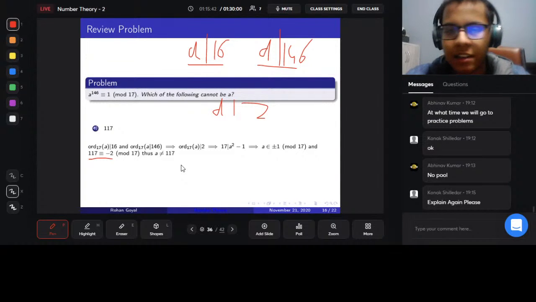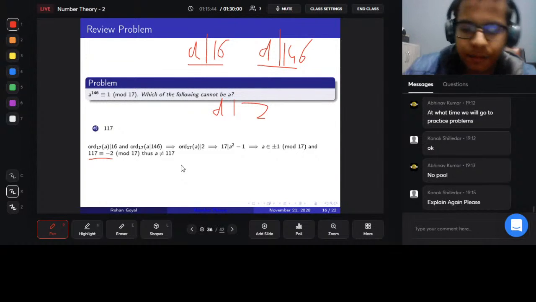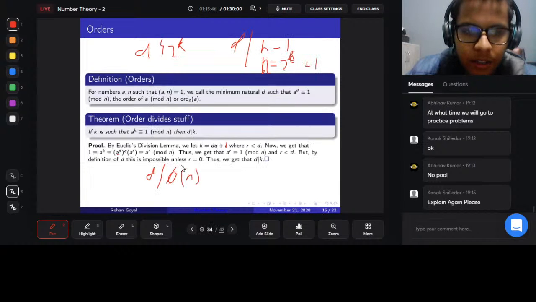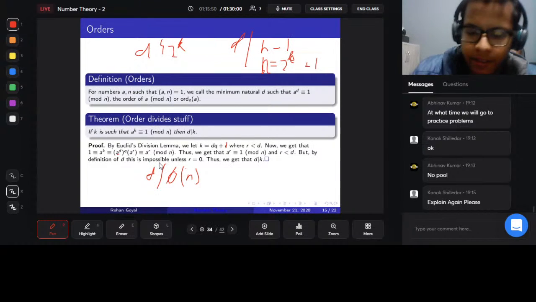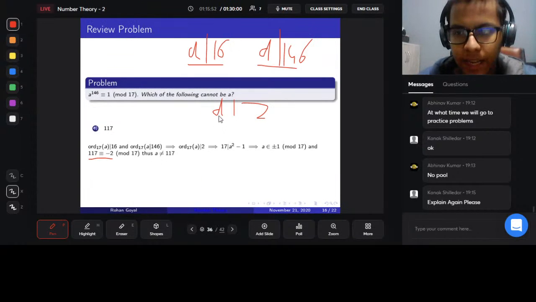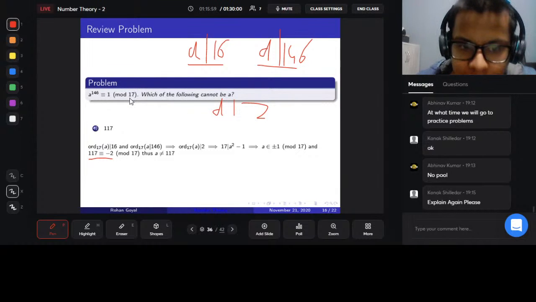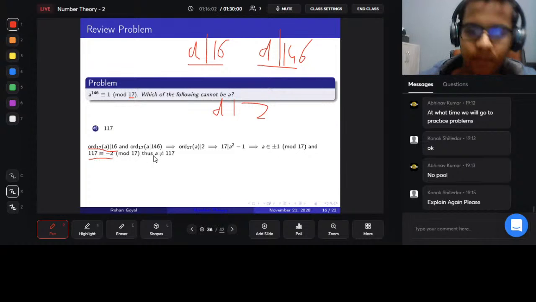Okay, I'll go through it again. Here we showed that d divides phi of n, right? When n is a prime, we get that d divides p minus 1. Here, p is 17, so we get that d divides 16.